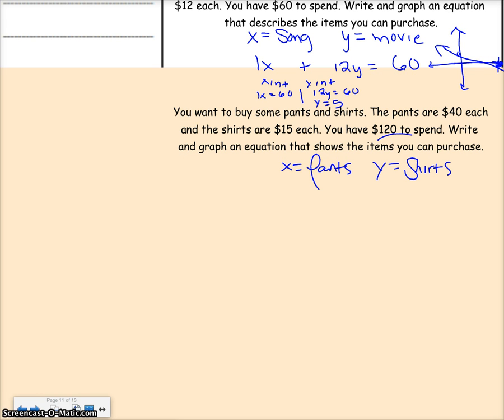Because those are the things that are changing. Your money you have to spend doesn't change. So you would say 40 for each pants, 40x, plus 15 for each shirt equals the 120 you can spend. Then you can find your intercepts to graph it.